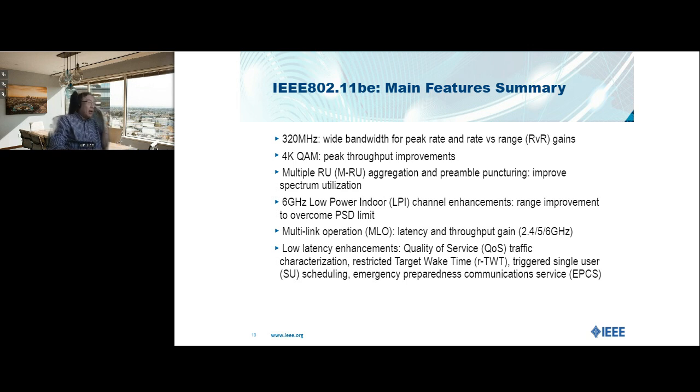There are also a lot of other low latency enhancements, quality of service traffic characterization, restricted target wake time (TWT), triggered single user scheduling, and emergency preparedness communications service (EPCS). So a lot of interesting stuff in the future. When this standard is ready, hopefully the IEEE will have another training course on this topic, and people can learn about this new development.